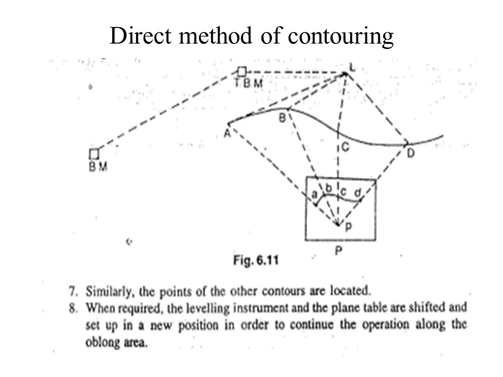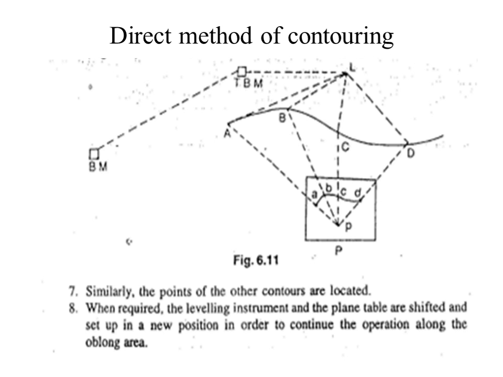In this slide we are going to see the sketch of the direct method of contouring, in which the benchmark and TBM are shown, and between the benchmark and TBM fly leveling is to be carried out. After that the instrument station, that is the level, is set up at point L, and from point L the first reading on the benchmark is taken, which gives us the height of instrument.